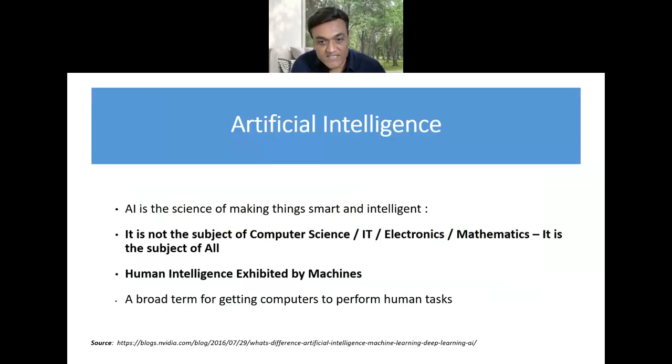So as I always say, AI is not a branch of computer science, IT, electronics, or mathematics, but it is a subject for all. It is basically a branch where we need to have some sort of fundamental understanding. Say for example, I'm a businessman. I want to make more profit in my business.